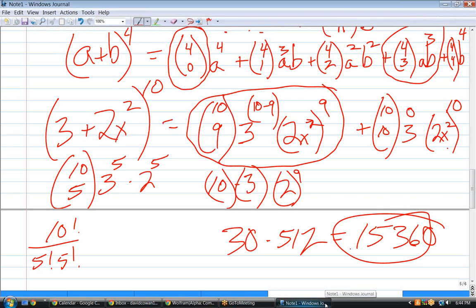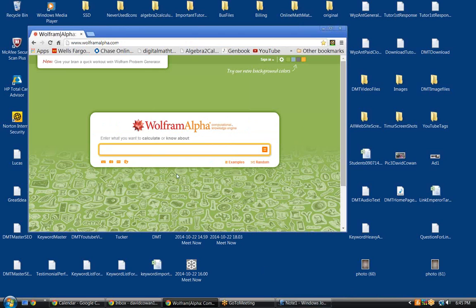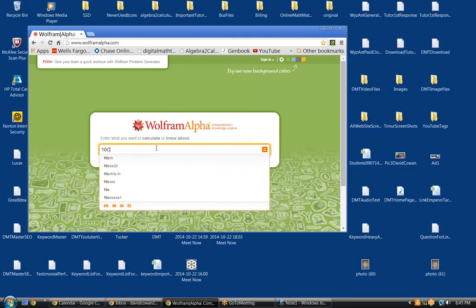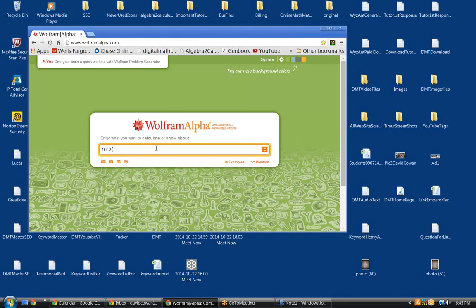Ten factorial, oh boy, that might be hard for me to put into this. Let's see. 10 choose 5, times 3 to the 5th, times 2 to the 5th.